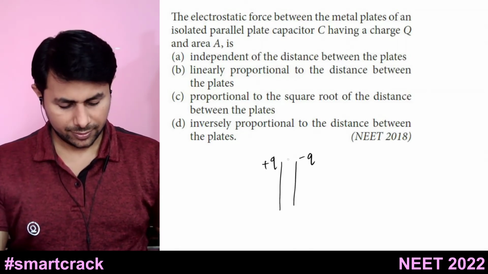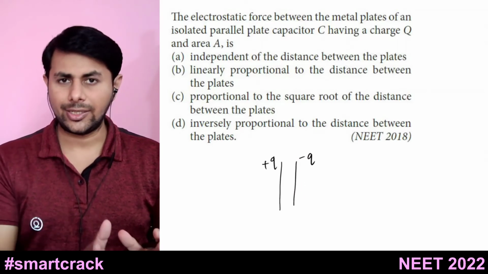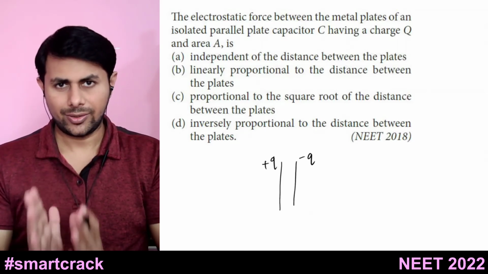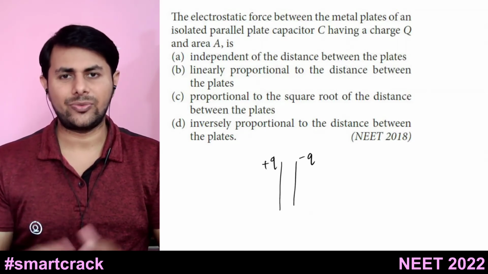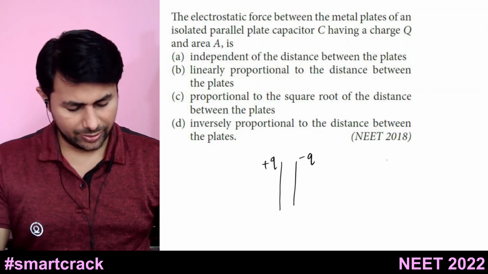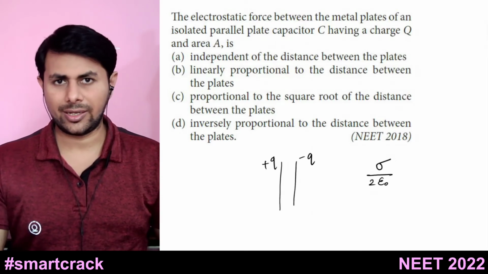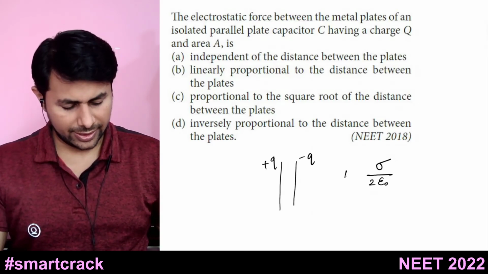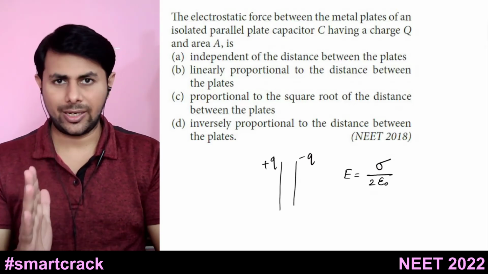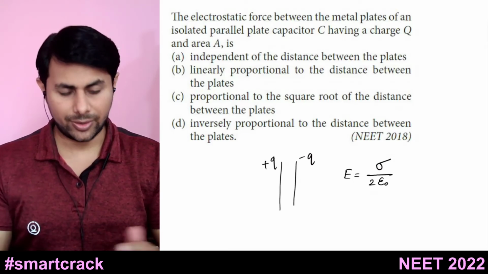See, this is the second plate. So we can imagine this is charge minus Q kept in the electric field of the first plate. So what is the electric field due to an infinite plate? We know it is sigma divided by 2 epsilon naught if there is air. Okay, so that is the electric field due to the first plate. Let's suppose it is an infinite plate, so the electric field at any point will be sigma divided by 2 epsilon naught.